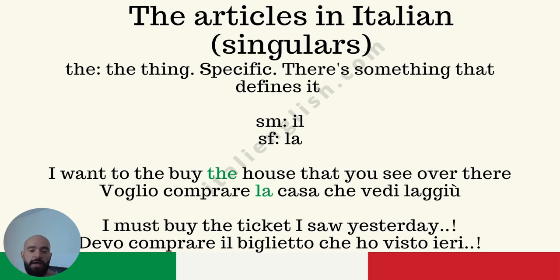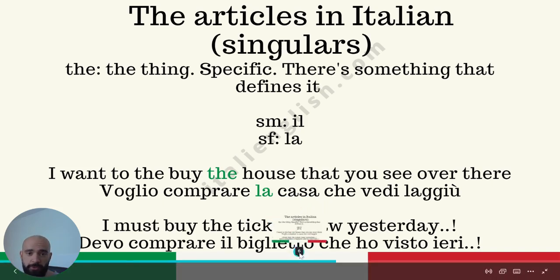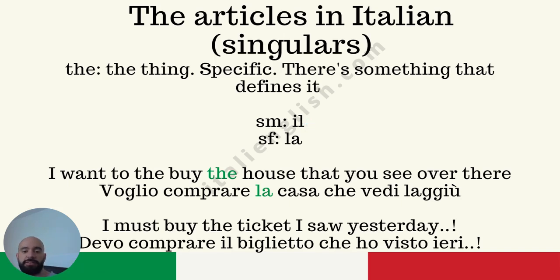Like we said, house is feminine, it's casa, straightforward, feminine, so it's going to be la casa. Now let's take a look at the second example. I forgot to put it in green, my apologies, but anyways, I must buy the ticket I saw yesterday. Ticket is biglietto, straightforward masculine, ends up with o, and in fact, its article is il, which is singular masculine, right? Let's go to the next slide.